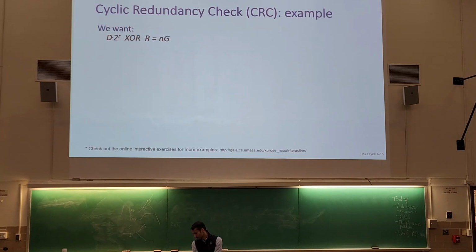So here's how the arithmetic proceeds. We want D and R attached at the end, which is a number that is D times 2 to the R, the left shift, plus this capital R. Plus is the same as XOR. We want that to be a perfect multiple, some integer n times G, which is just a constant.